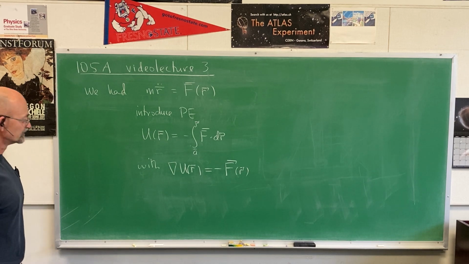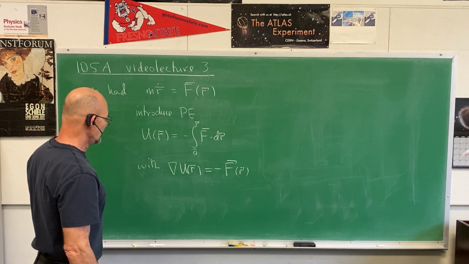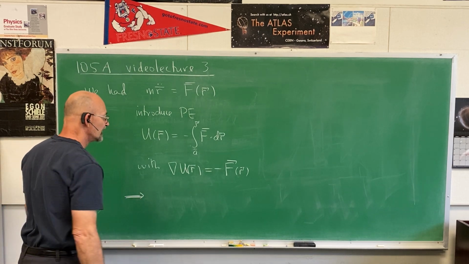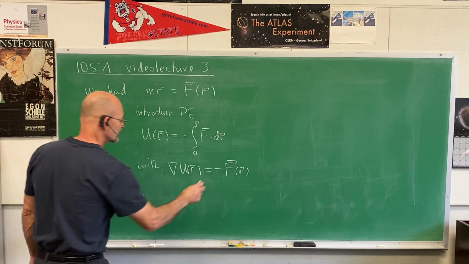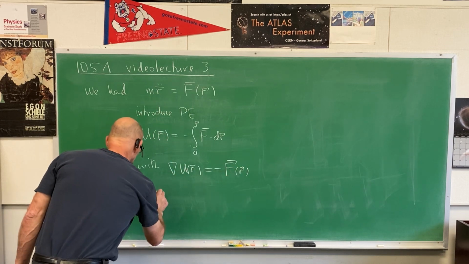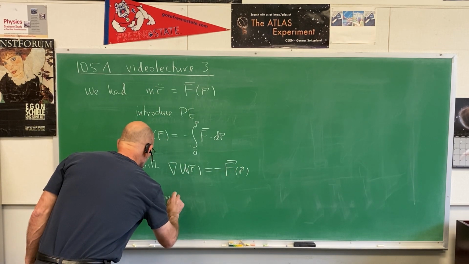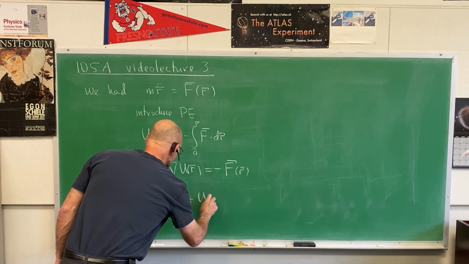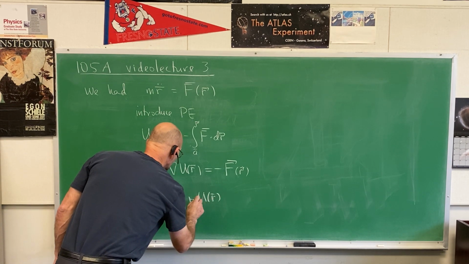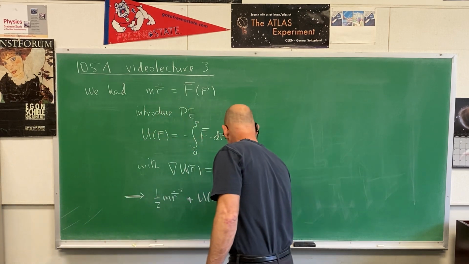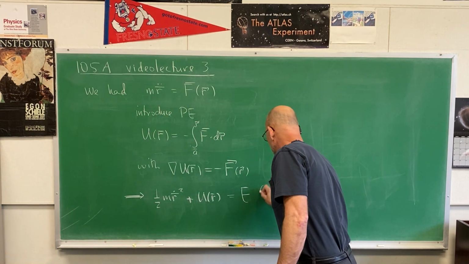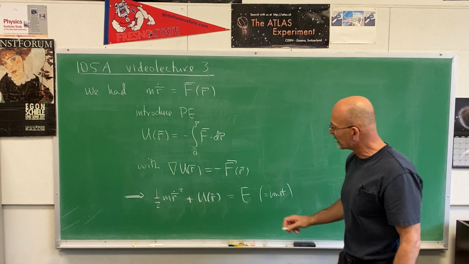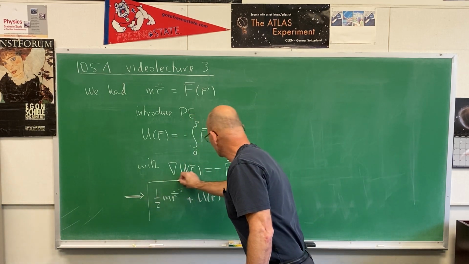We're going to prove that, and at that point we're going to get energy conservation. Then we'll have one half m r dot squared plus U of r equals E, which is supposed to be a constant. That's conservation of energy.